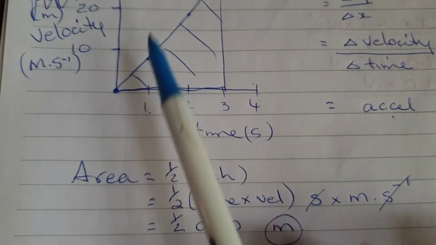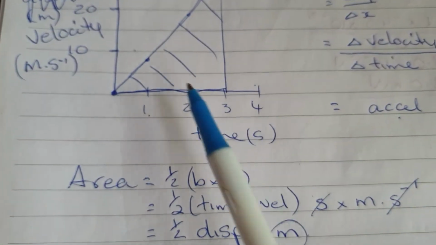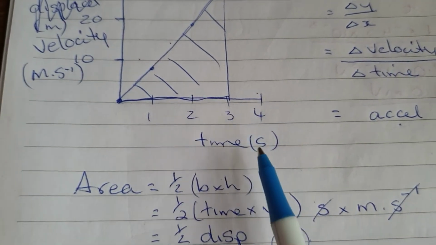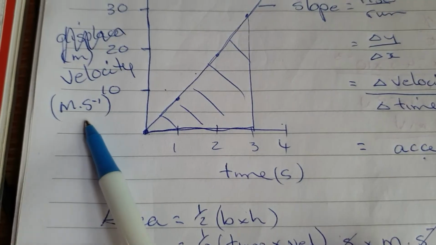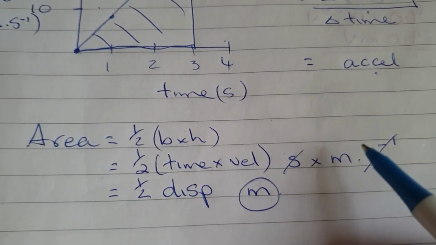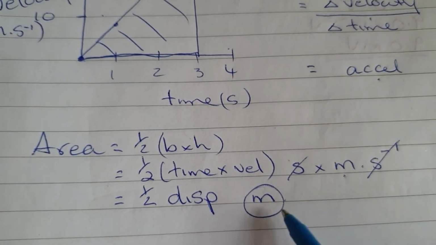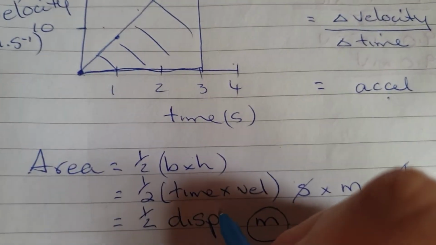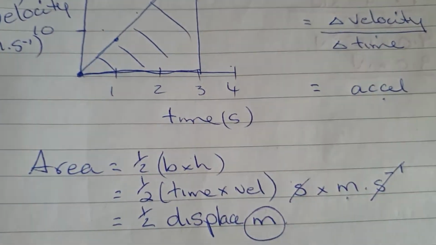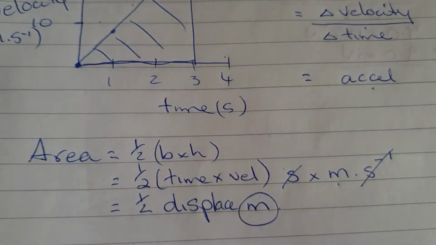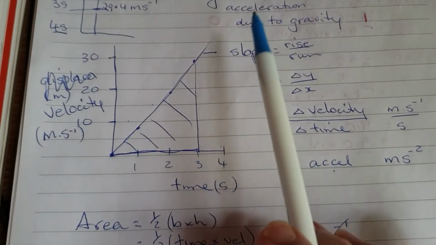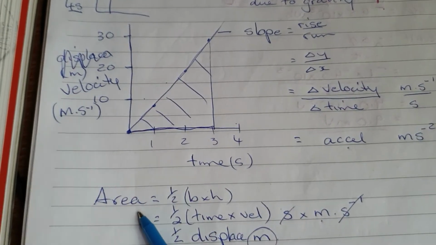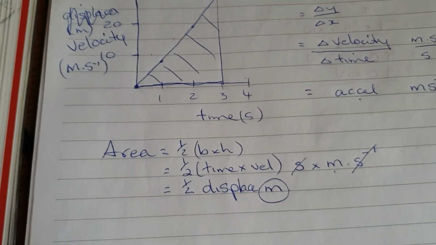Half base by height for a triangle. If we multiply the base, we're multiplying time or seconds by the height, which is velocity, meters per second. Seconds will cancel. That'll just leave you with meters. So you've actually got displacement. So velocity time graph gives us two things. The slope will give you the acceleration. The area underneath the curve will give you the displacement.